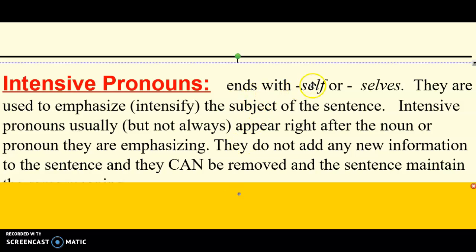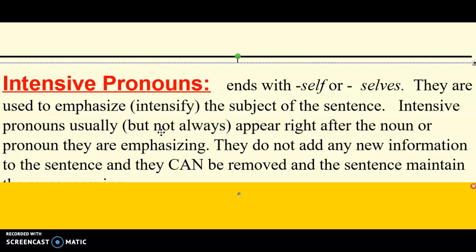They also end with self or selves, okay? And their role is to emphasize or intensify, whichever word you prefer, the subject of the sentence, okay? They are usually found, but not always, right after the noun or pronoun they're emphasizing.